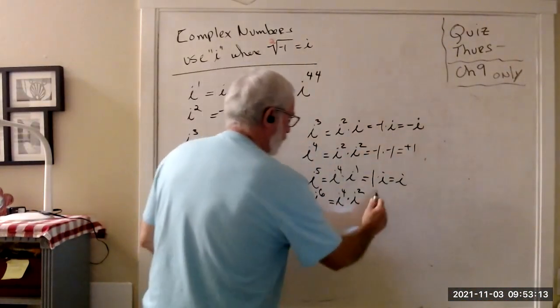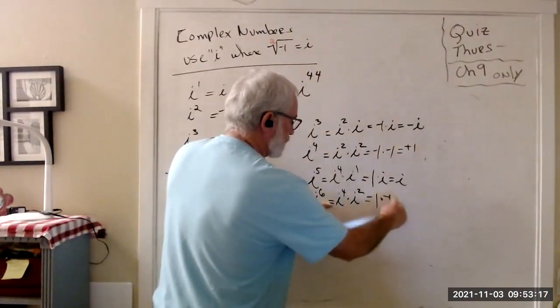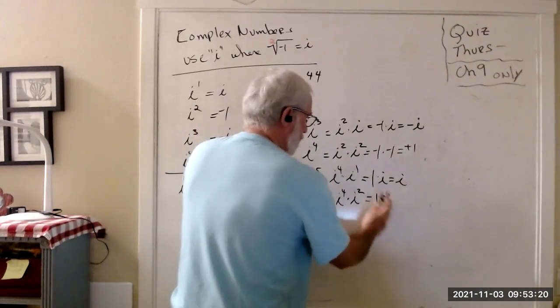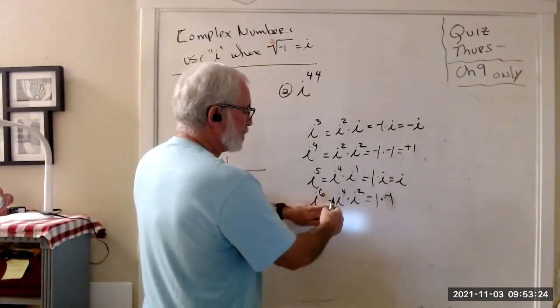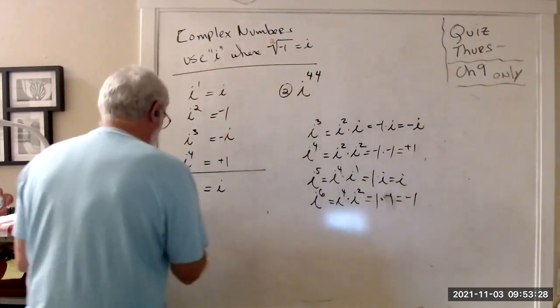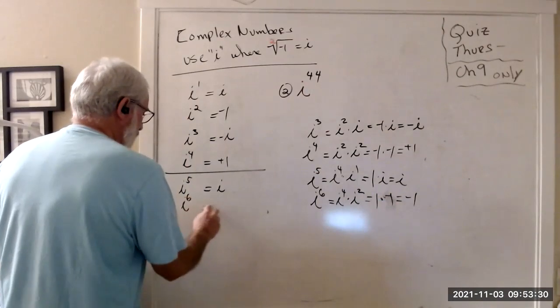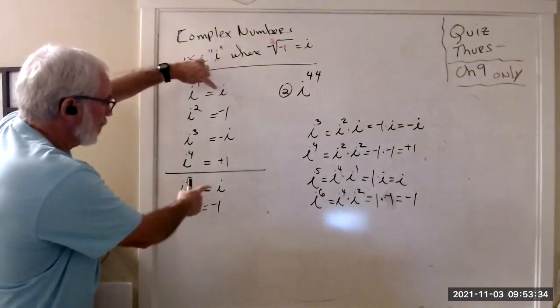Well, but i to the fourth is 1, and i to the second is -1. So i to the sixth is 1 times -1, which is -1. Oh, wait a minute. We're following this pattern.